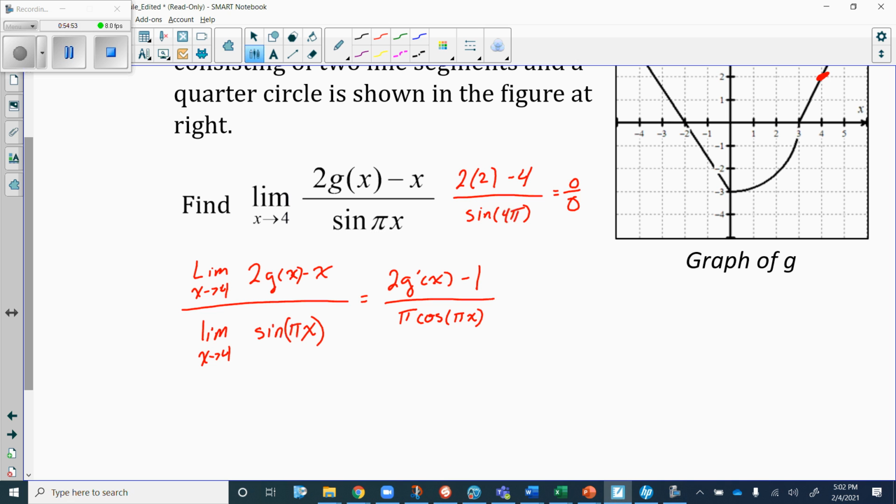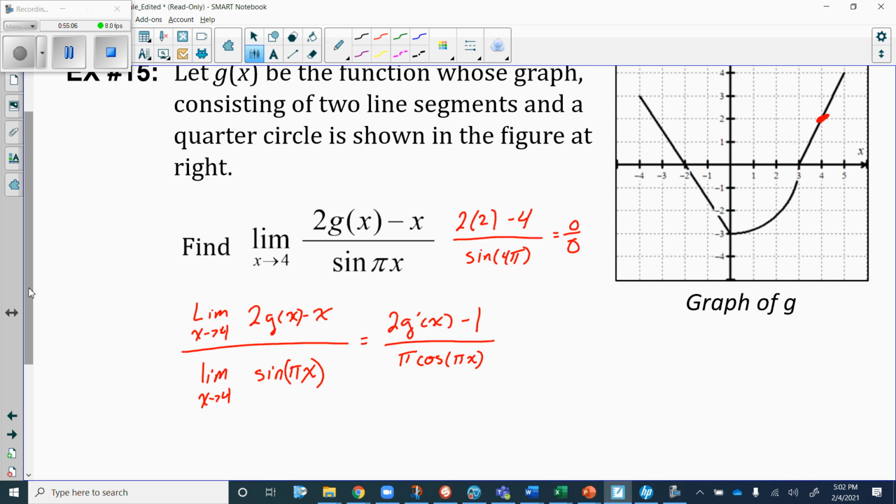And now we can look to see, okay, well, what do we get at 4? So the derivative of g at 4, let me scroll back up a little bit so you can see the graph. The derivative of g at 4 is basically just the slope of the line. So g prime of 4 in this case is the slope of this line segment here, which looks like it is a 2. So here I would get 2 times 2 minus 1.